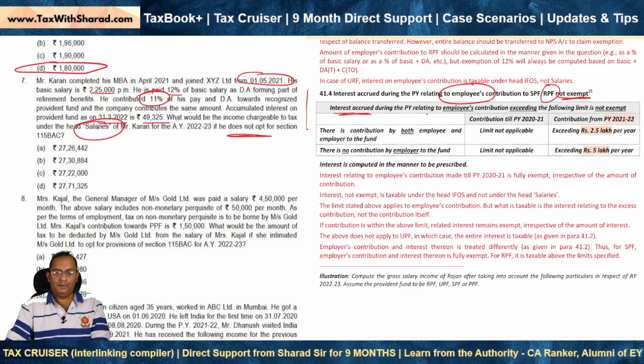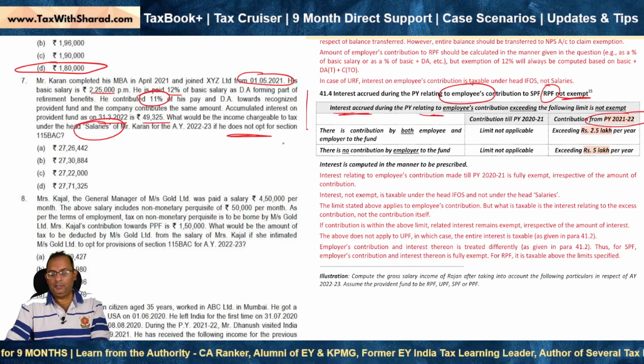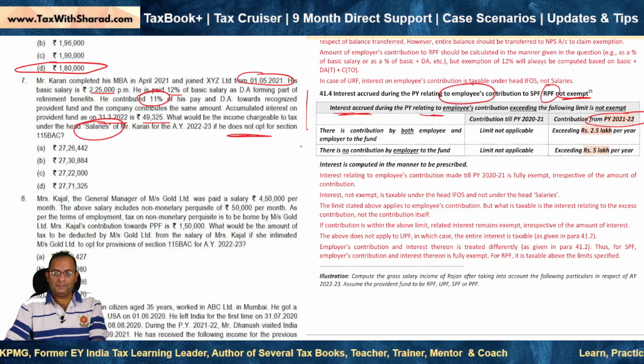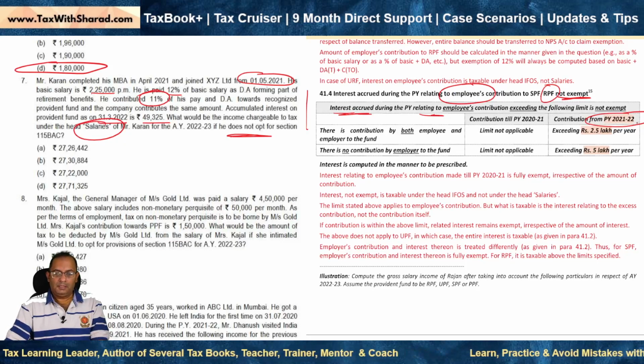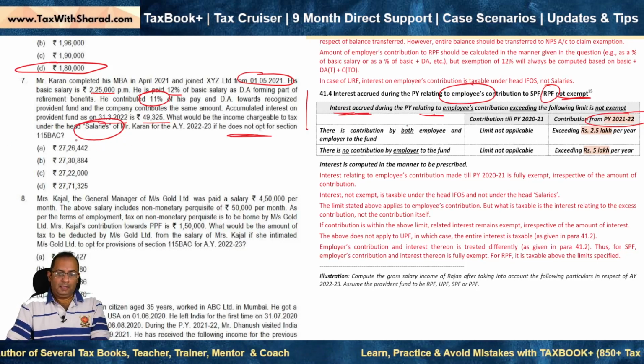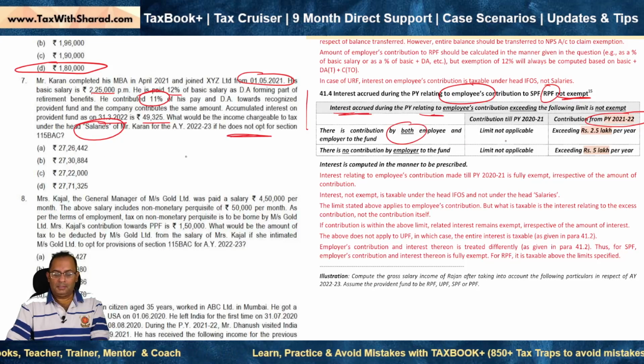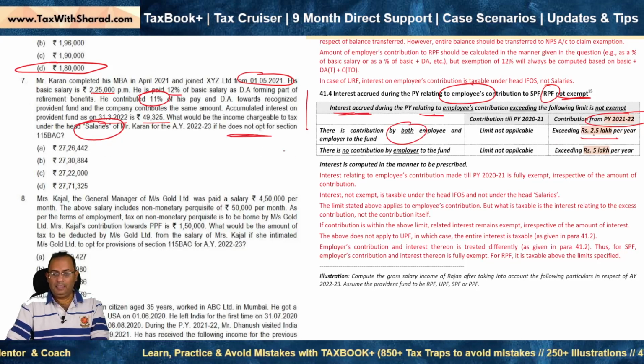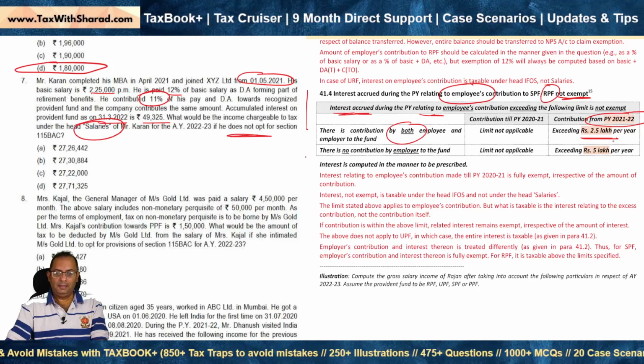Interest accrued relating to employees' contribution which exceeds the following amount. Contribution from previous year 21-22 is relevant because in our case Mr. Karan got employed starting from this year itself. There is contribution by both employee and employer. This is the case in our hand and therefore the limit is 2.5 lakh. So if Mr. Karan's contribution exceeds 2.5 lakh during the year, then interest related to that excess contribution will not be exempt anymore and it will be taxable.